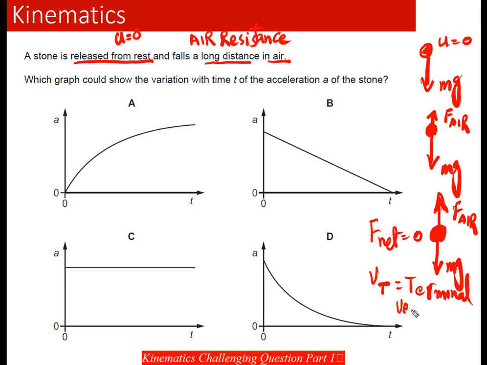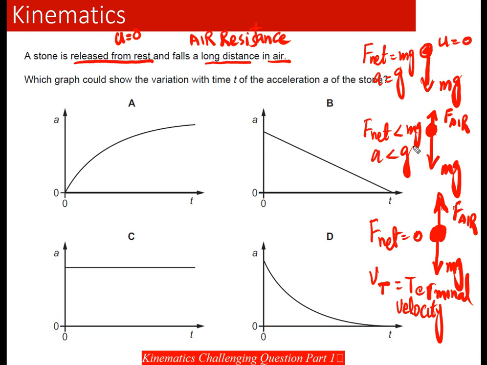Now, if we think about the net force at the beginning, we can say that F net is equal to mg, and at this point a is equal to g. And at the later point, F net will be smaller than mg and a will be smaller than g.